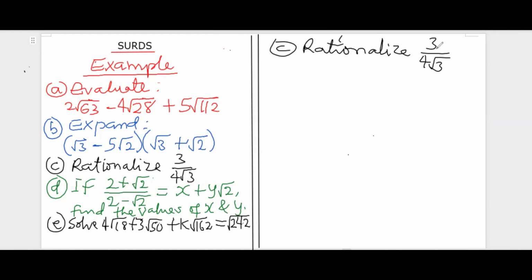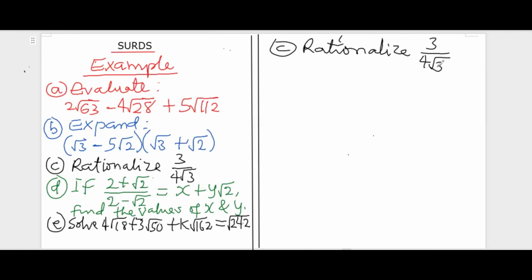Roots, most especially roots of prime numbers, root 3, root 2, root 5, root 7, are all irrational numbers. In any fraction, we are not allowed to leave irrational numbers as the denominator. So we need to remove this irrational number from being a denominator, and to do this, we say we want to make it a rational number by saying rationalize.